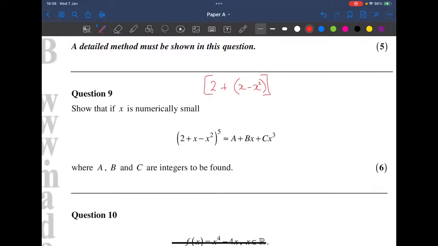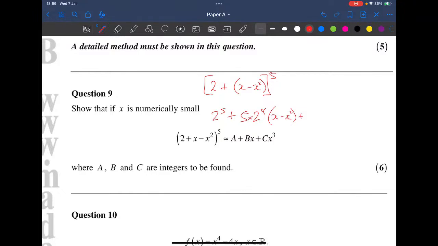And then when we're doing the binomial expansion, this bracket is acting like the x or the ax that you normally see. So if we were to expand this out, what would we get? We'll get the 2 to the power of 5. We're going to have another bit then with a 2 to the power of 4 and an x minus x squared and a 5 choose 1. 5 choose 1 is 5.